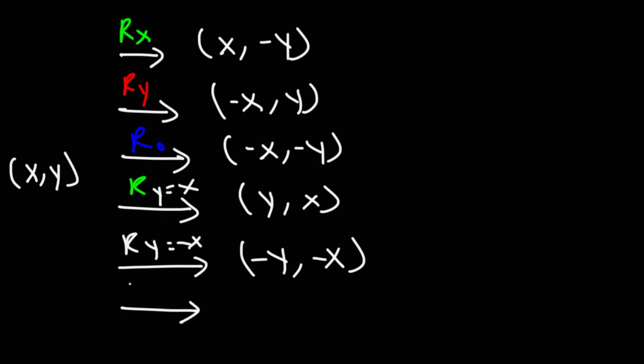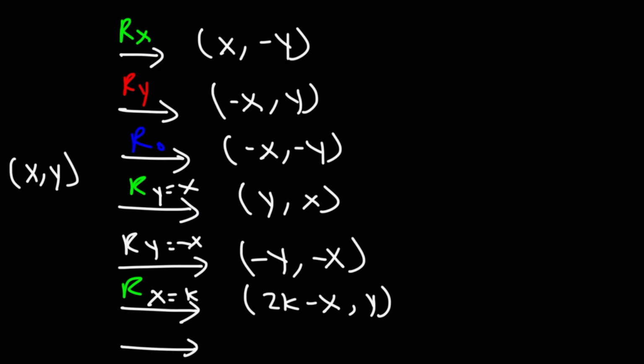And then if we reflect it across the line x equals k, we get 2k minus x, y. So the y values stay the same.